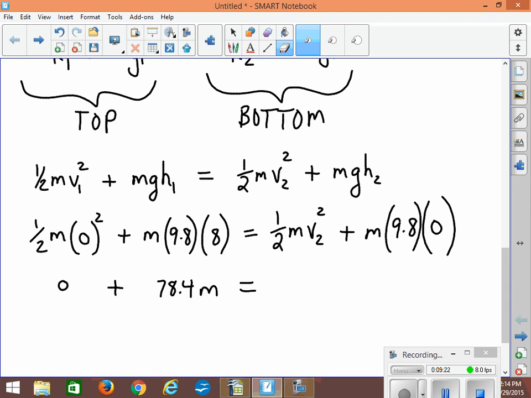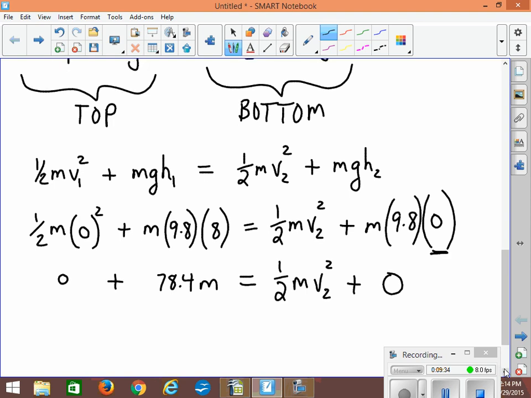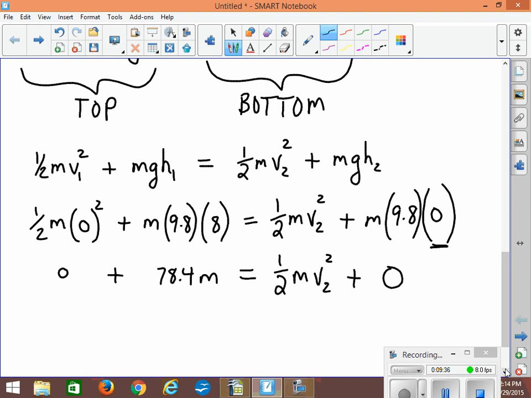But this is still 1/2 mv squared. We haven't really figured out anything about that yet. Here is where there's a 0 because we're multiplying by 0. So you can see what we're saying in this little mathematical paragraph is that the total amount of energy before is all gravitational. Here it is, all gravitational.